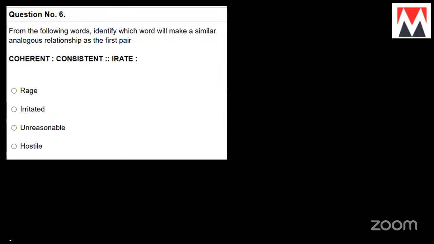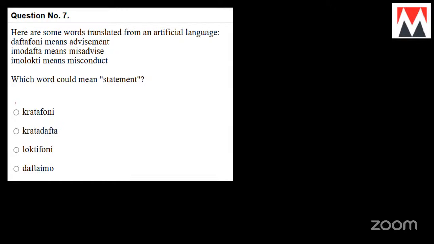So here, irate is a synonym for very angry. It's not completely related to rage, just very angry. So it is irritated. So coherent is consistent, irate is irritated. Please read this statement and find the relationship.